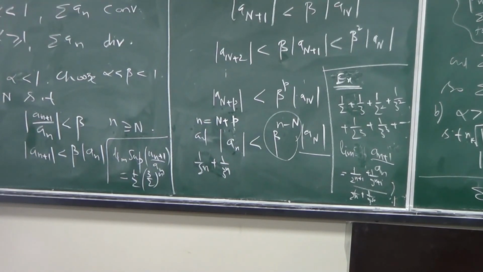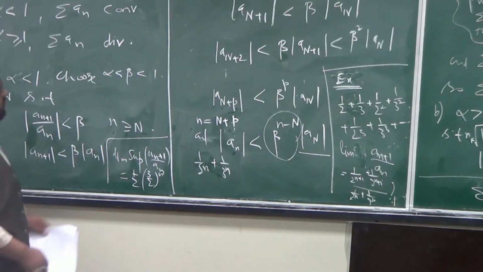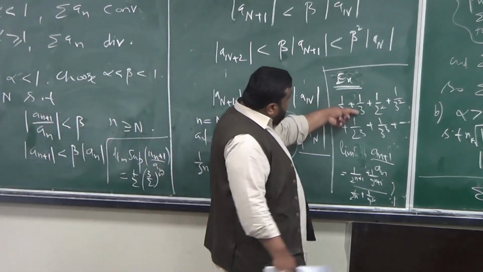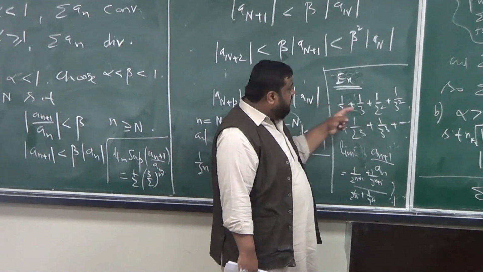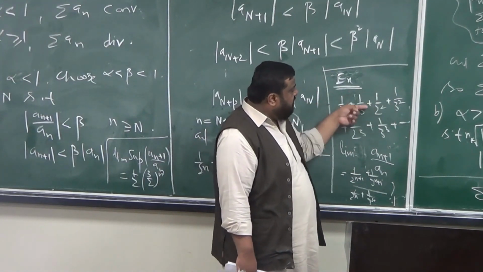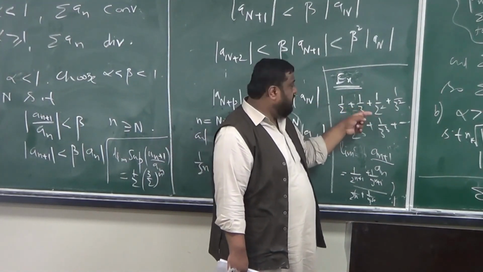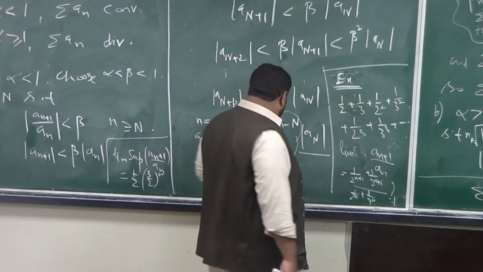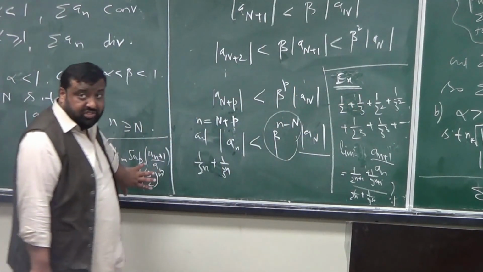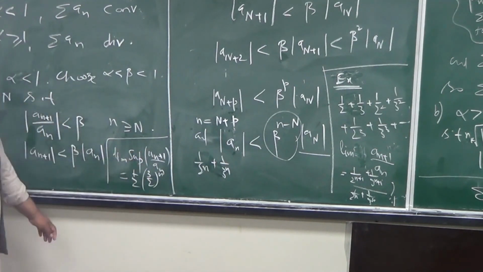Why should this be the case? If I have 1 over 3 over 1 over 2, and 1 over 3 square over 1 over 2 square, 1 over 2 square over 1 over 3 square, just think about it. Is this going to be something inconsistent or consistent?